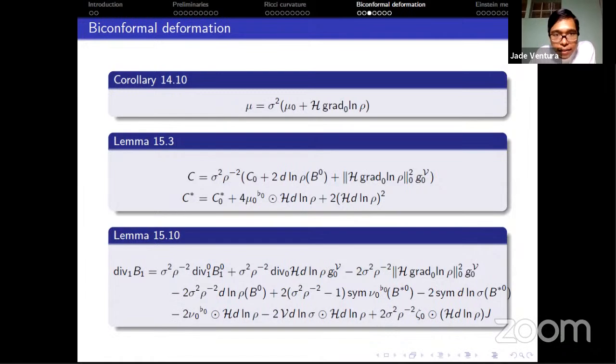So you can see here that on the left sides, you have unsubscripted, unsuperscripted quantities, and they are expressed in terms of quantities that have subscript or superscript 0, and they're also expressed in terms of the deformation parameters sigma and rho.